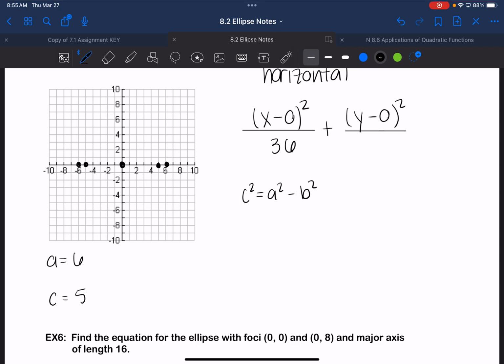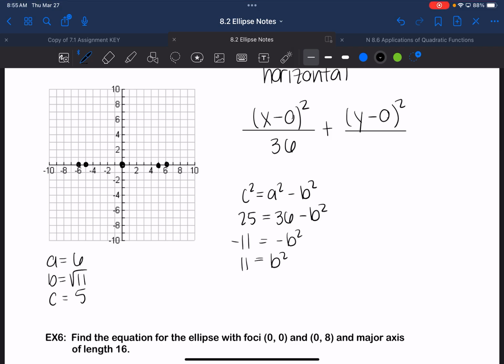So we would have 5 squared, which is 25, is equal to a squared, which is 36, minus b squared, right? So then I could solve for b squared. I'd subtract. I'd have negative 11 equals negative b squared. So b squared equals 11. So what's b? Square root of 11.